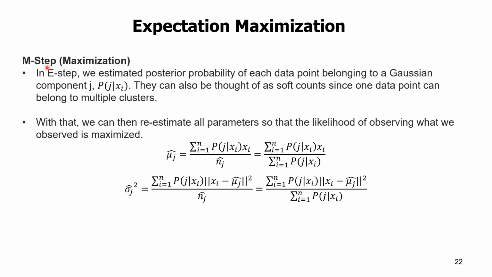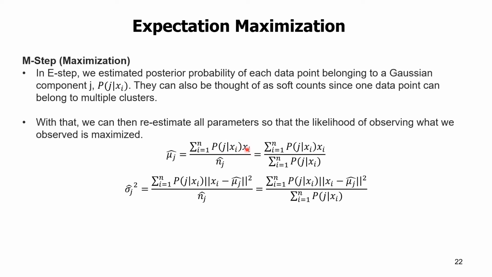In the M step, by using these probabilities, we can re-estimate all parameters of the Gaussians. So we have mean and variance. This is the definition of the mean. We know this value as a result of the E step, and x is given.